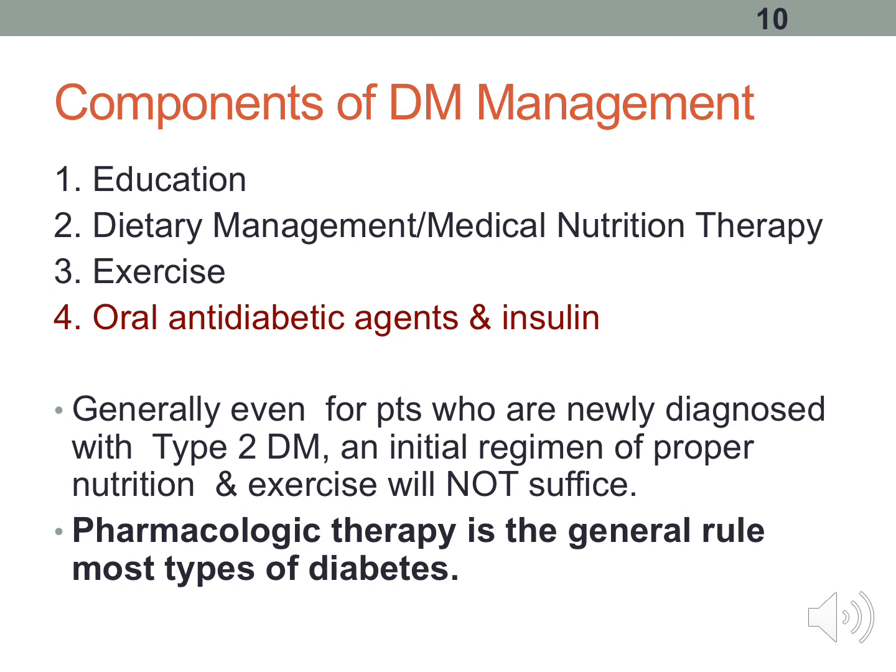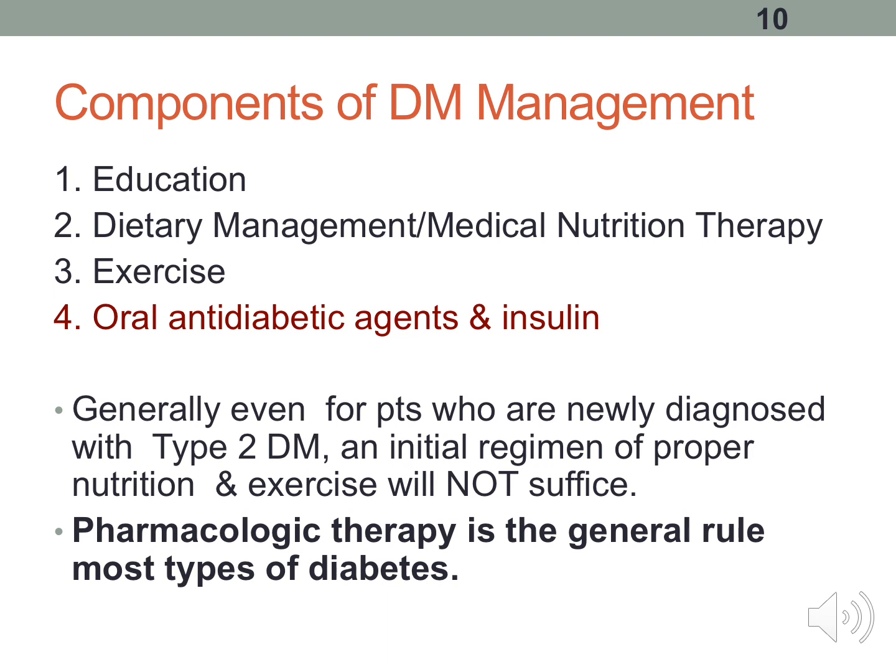Treatment will not be successful if patients are not well educated and if they do not also eat properly. And so they need to be taught about medical nutrition therapy, and we work with dietitians and nutritionists. Regular exercise and physical activity is also needed. However, generally, even for patients who are newly diagnosed with type 2 diabetes, an initial regimen of proper nutrition and exercise will not suffice.